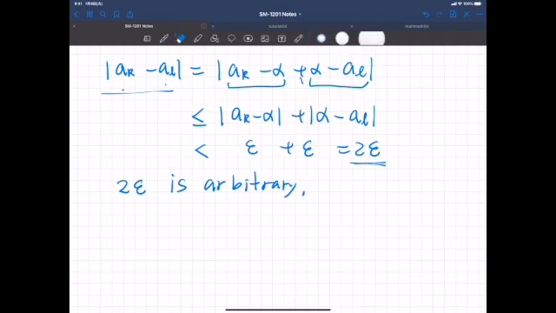Is an arbitrary positive real number, because epsilon is arbitrary. Therefore, this satisfies the condition of the Cauchy sequence, right?